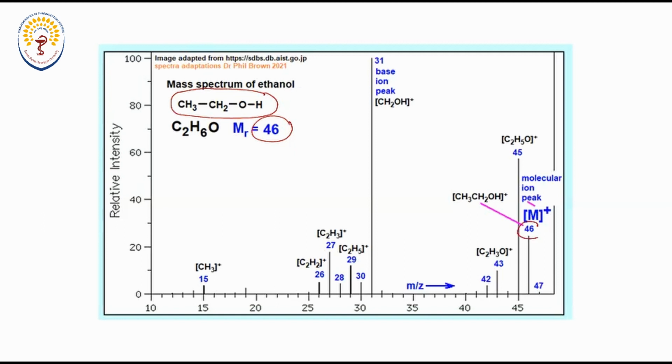You can see the 46 peak, which shows the molecular weight of our compound. This is called the molecular ion peak. It will tell us the molecular weight of our sample. So that needs a different level of expertise to understand the mass spectrum.